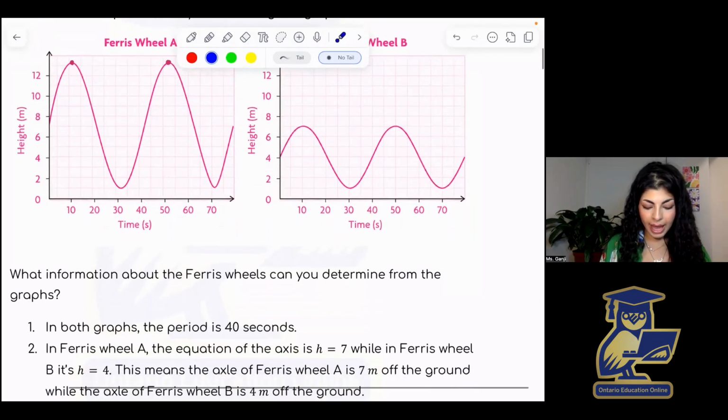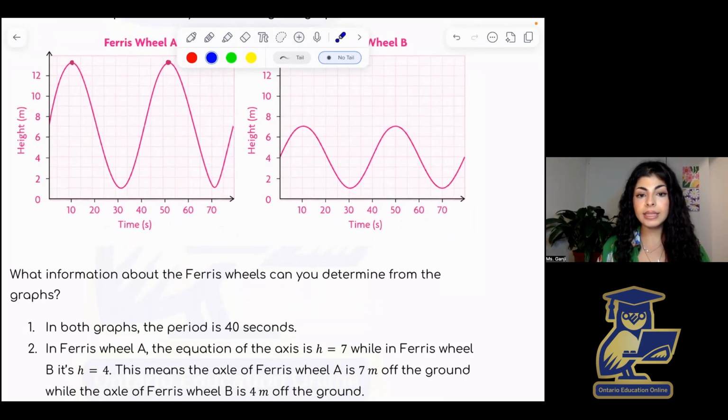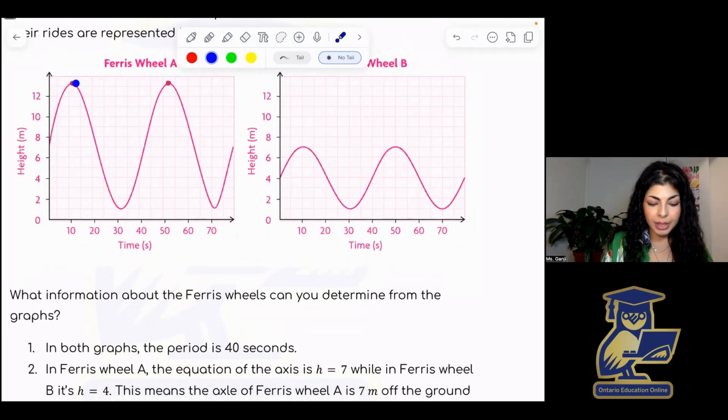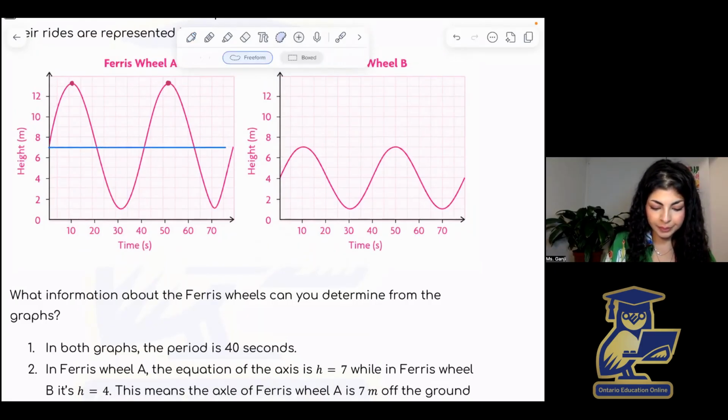Now, in Ferris wheel A, the equation of the axis is h is equal to 7. So considering the maximum here is going to be 13 and the minimum is 1, then 13 plus 1 and taking the average, so dividing by 2, will give us h is equal to 7. And I will draw this for us here.